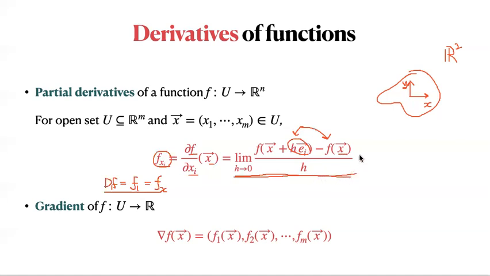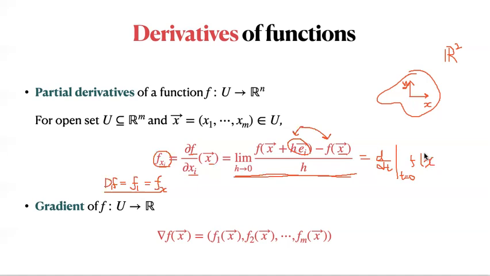Also, we can say that it is equal to d/dt at t equal to 0 of the function f at x plus t ei, with the ei direction.